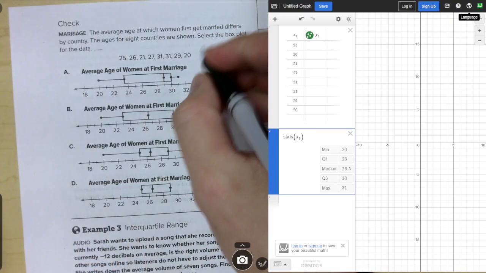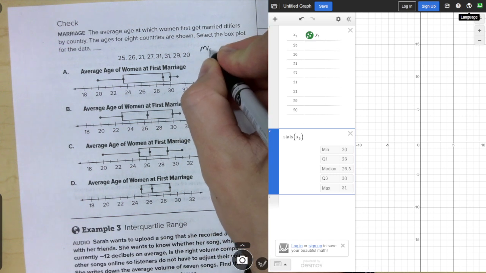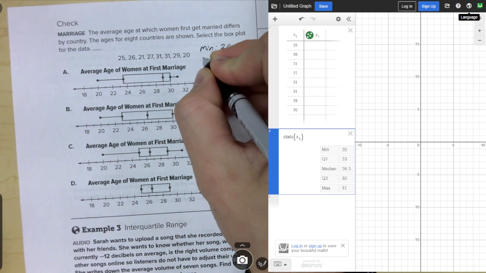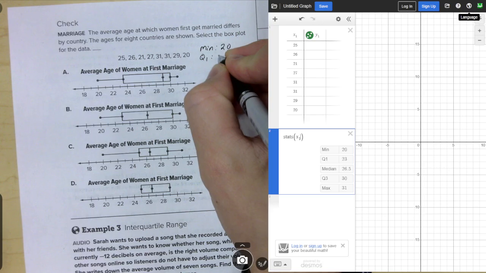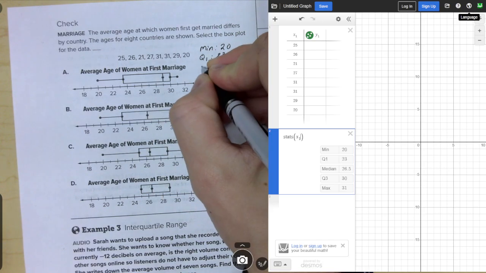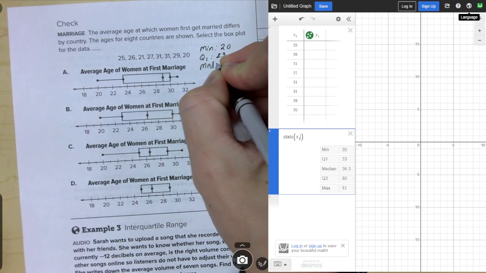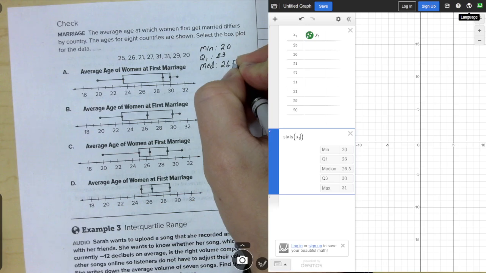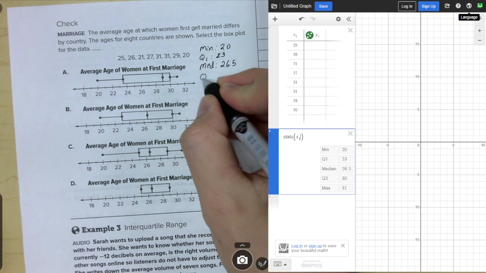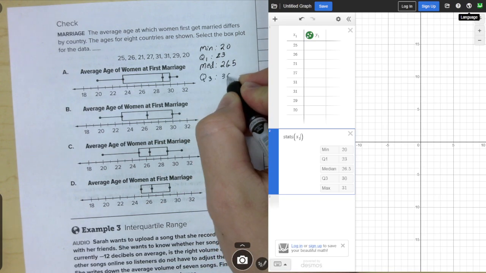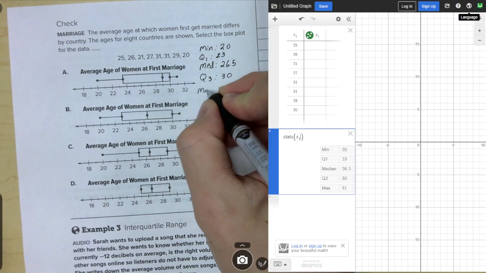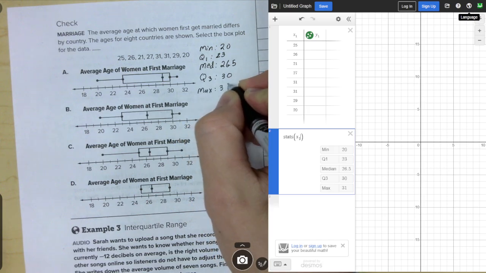This tells us our minimum is 20, Q1 is 23, the median is 26.5, Q3 is 30, and the max is at 31.